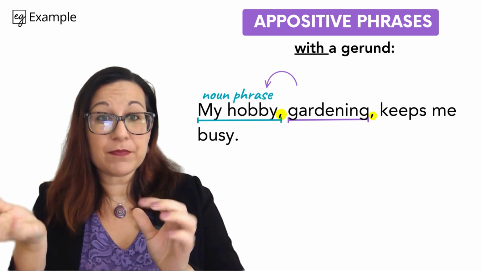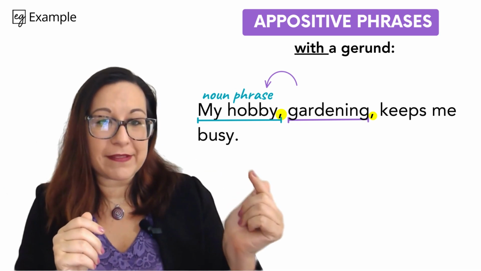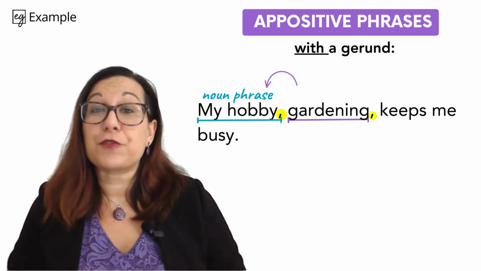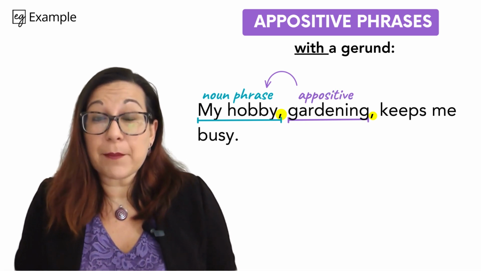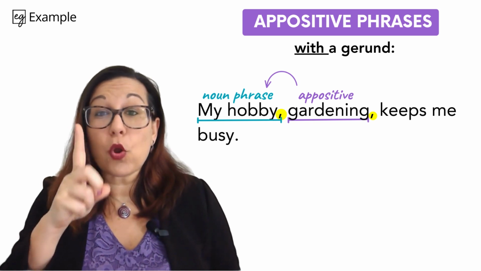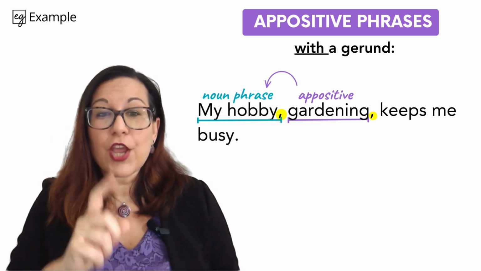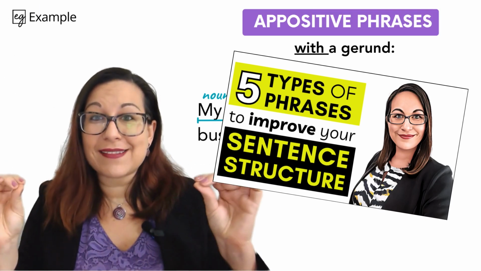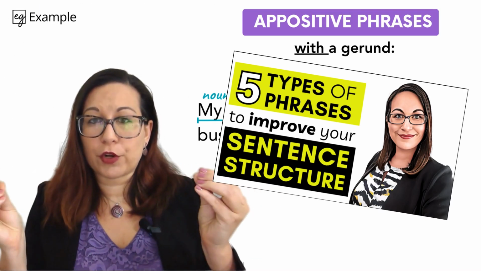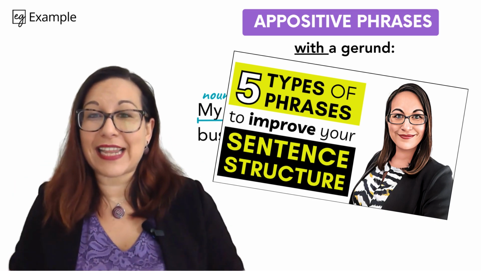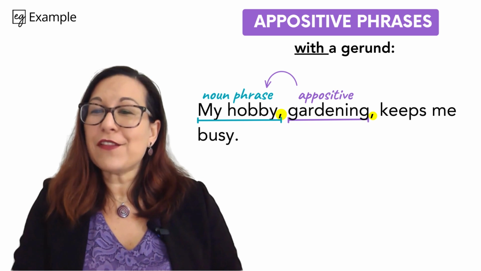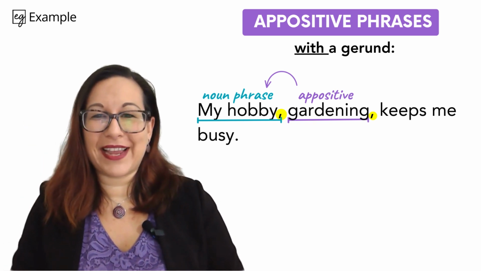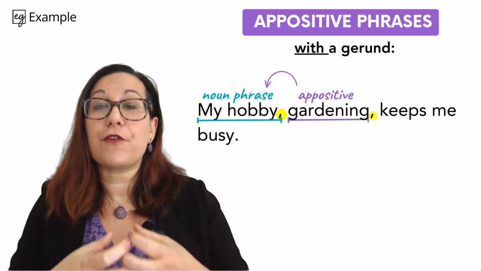But technically, this is not an appositive phrase. It's just an appositive because it's just one word. So remember from my previous video, we said that a phrase needs to be multiple words, the appositive and its modifiers. So let's take a look at another example hobby of mine that is an appositive phrase.